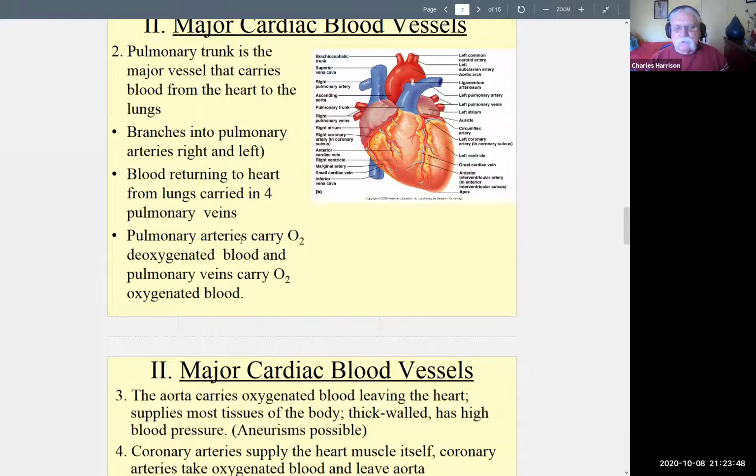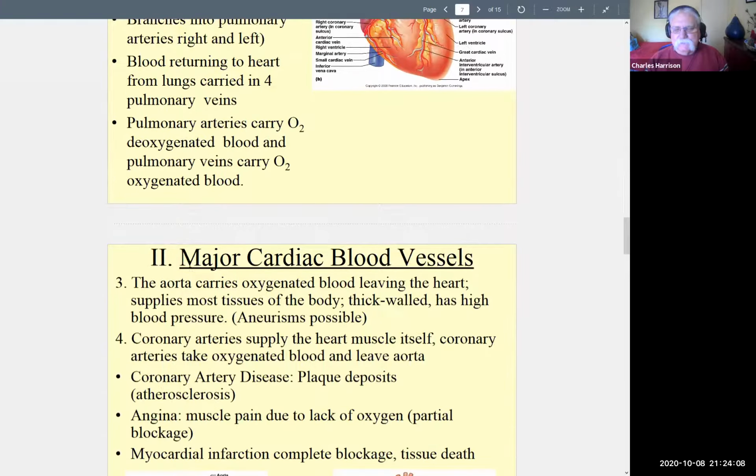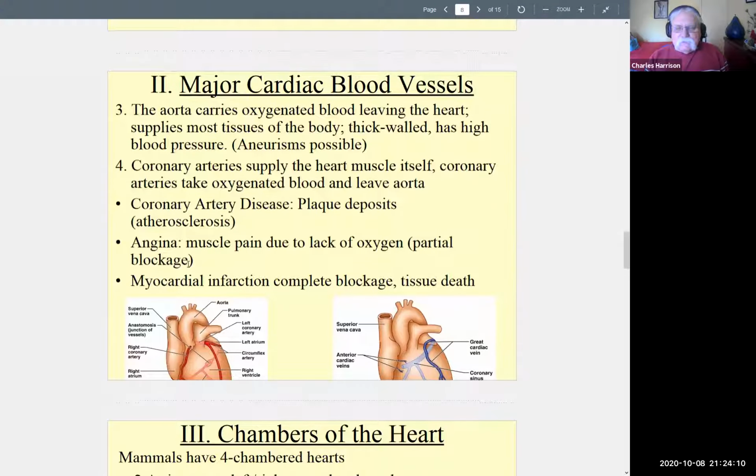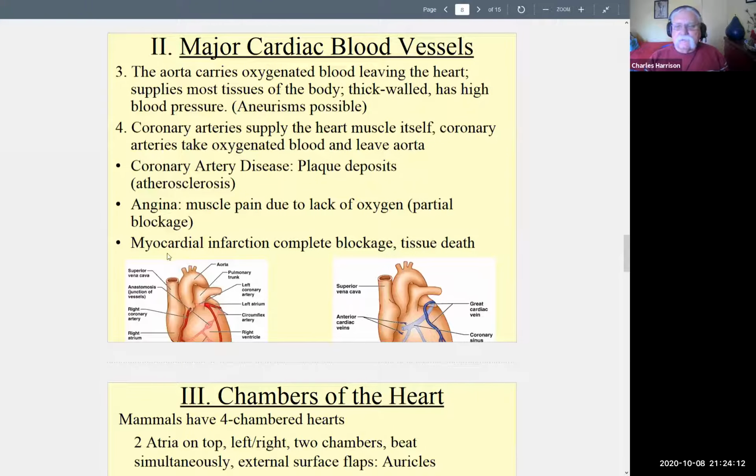Again, pulmonary arteries carry deoxygenated blood, and the pulmonary veins carry oxygenated blood. So both of these are different from our normal perception that arteries carry oxygenated blood. It's not always the case. Here are the major cardiac blood vessels. The aorta leaves the left ventricle.